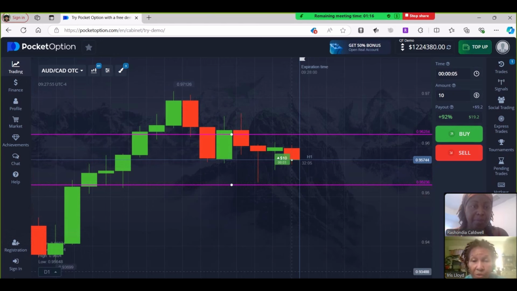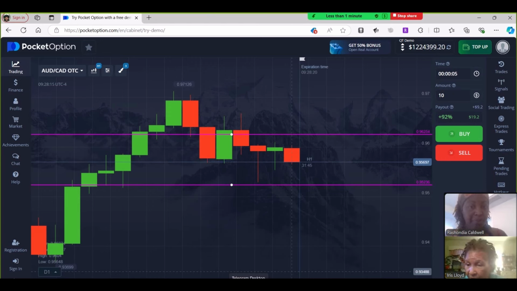So you go to the daily chart, and then you put in your horizontal lines. Then you go to the higher hour 1 to see what it's going to do, and that determines when to make your trade, because look at it's bouncing off these 2 wicks right here.